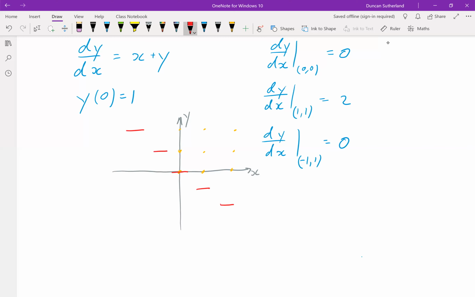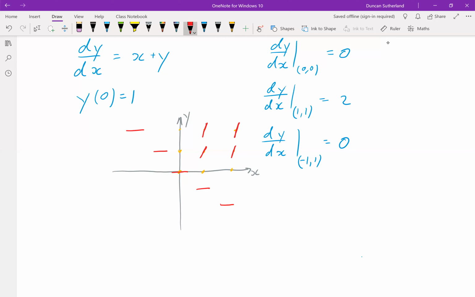Now, at 1, 1, I guess we've got 2, so I can draw that one in. So it's quite a steep line. At 2, 1, it's going to be 3, so it's going to be a bit steeper. These ones are going to be steeper again. That one's going to match with that one, obviously.